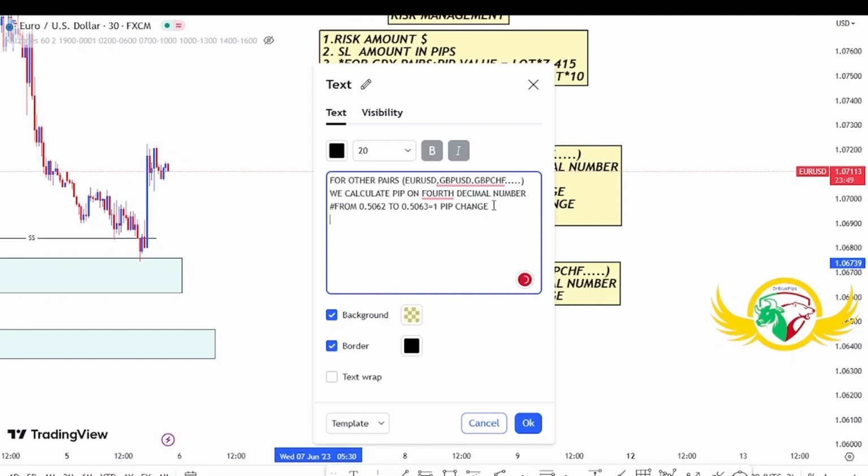Let me give you another example. From 0.5062 to, let me say, 0.5051. So how many pips? 48 or 38? 38 pips.